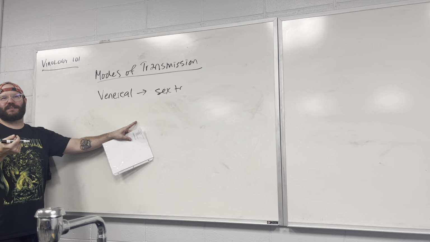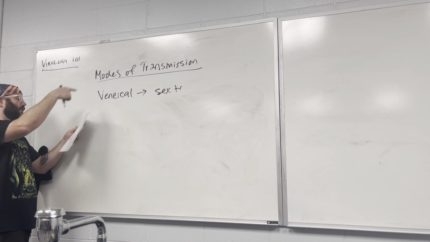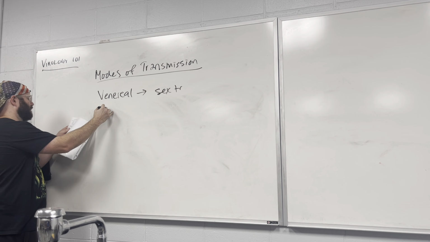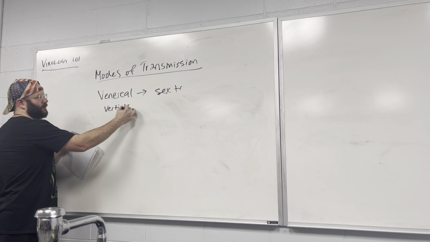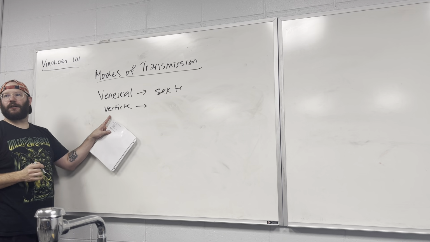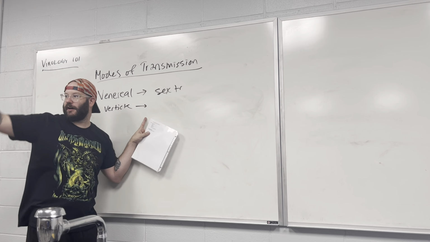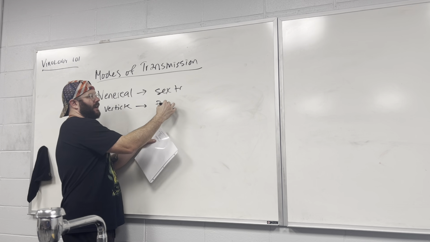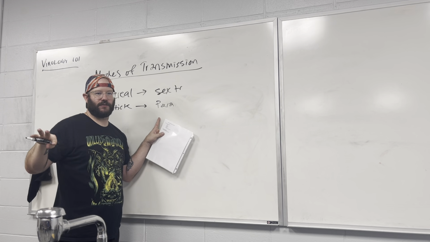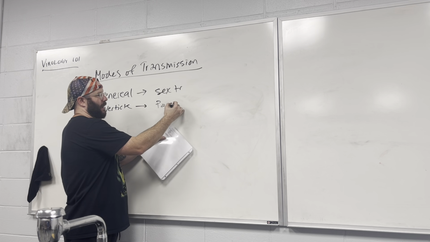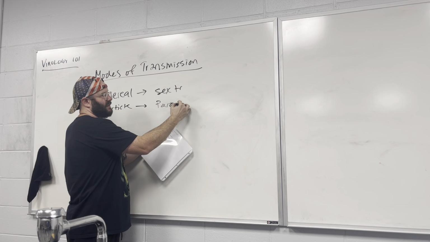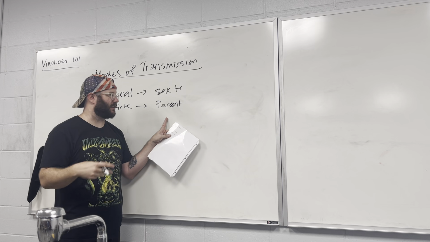Let's actually do vertical first. What's vertical transmission? Placenta. Yes, or essentially parent to offspring. If it was in the placenta, that would be for mammals, but it can also be in insects, parent to offspring.